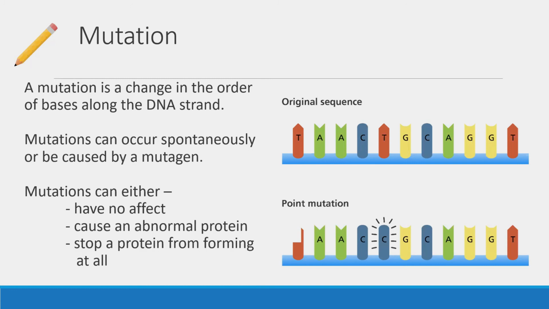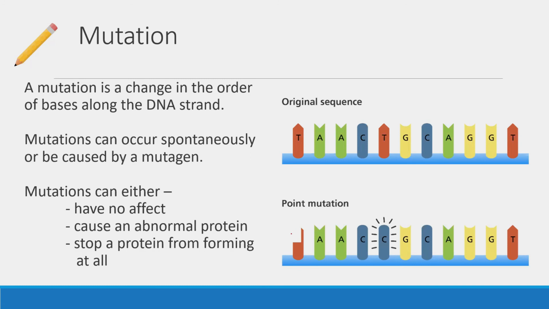We've got about 10 minutes to cover this, so let's go through it quickly. A mutation is a change in the order of bases along the DNA strand. Mutations can occur spontaneously or be caused by a mutagen. Here, unfortunately, some of it's been cut off, but that's okay. On the top, we've got a copy of a DNA sequence: TAA, CTG, CAGGT.